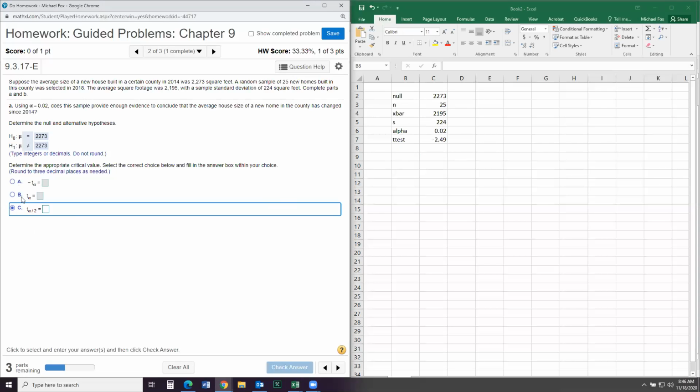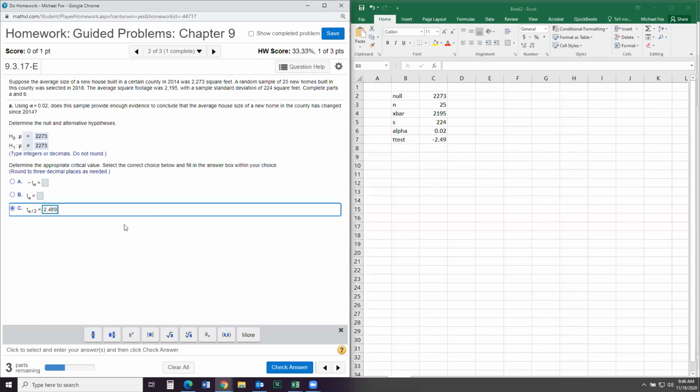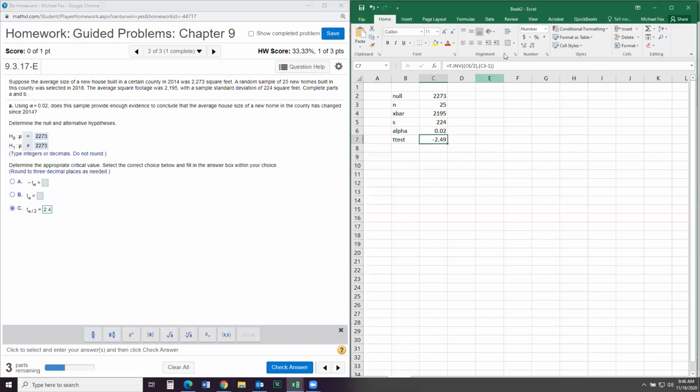So the first thing we have to decide is this the t-score of alpha, or the negative t-score of alpha, or the t-score of alpha divided by 2. And so when we have a two-tailed test, it's the t-score of alpha divided by 2. I'm going to try just the absolute value of that, 2.4. Oh, it wants 3 decimal places, so I better change that. 2.492.